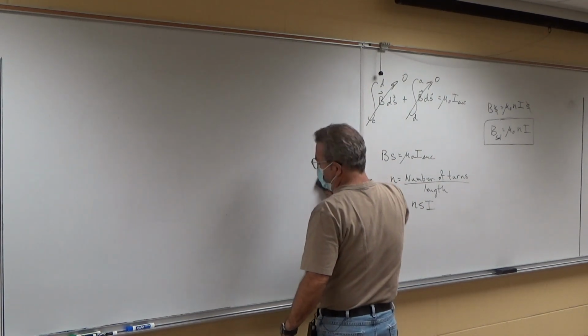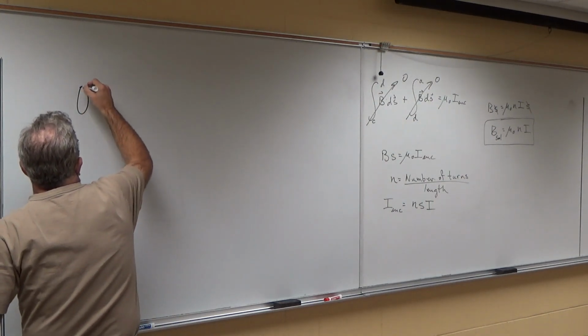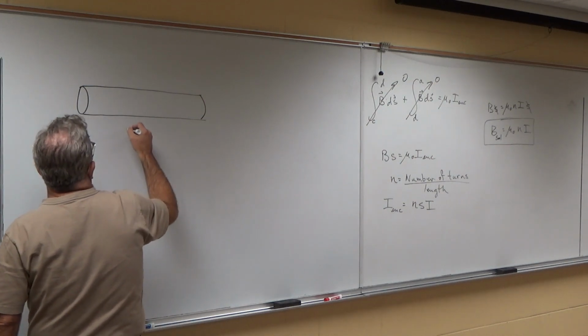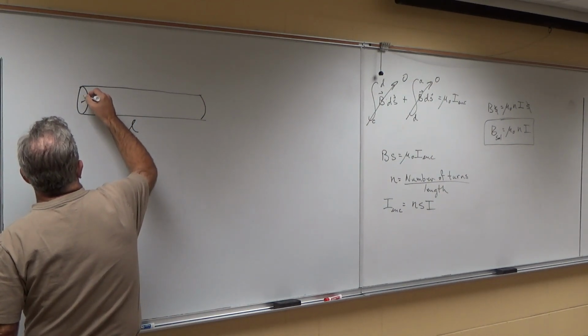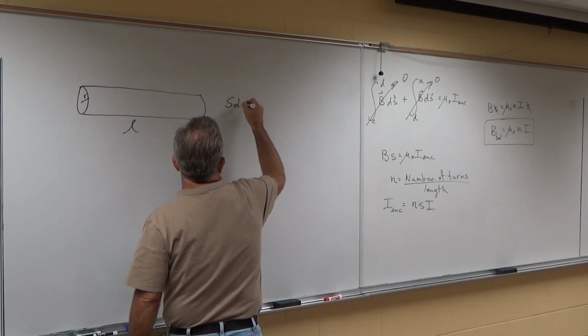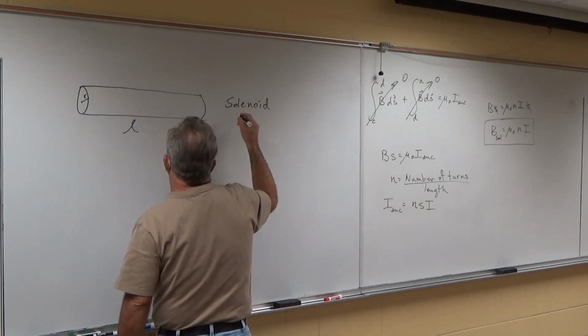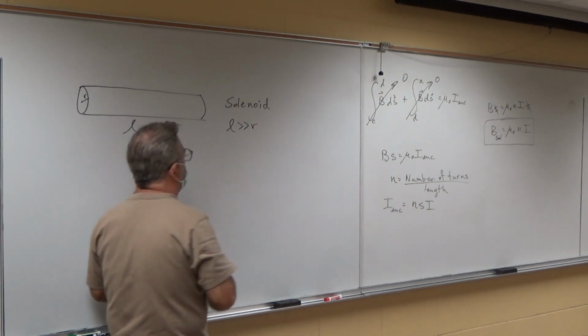Okay. So for a solenoid, here's a tube of length L and radius r. For a solenoid, you need L to be much, much greater than R, okay?